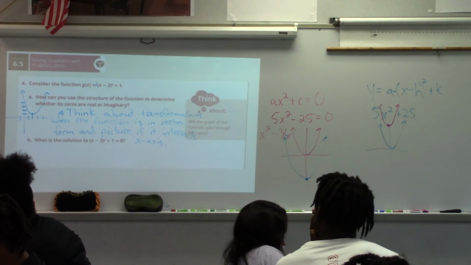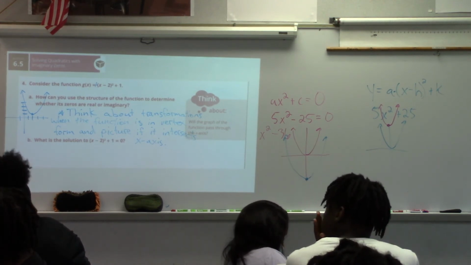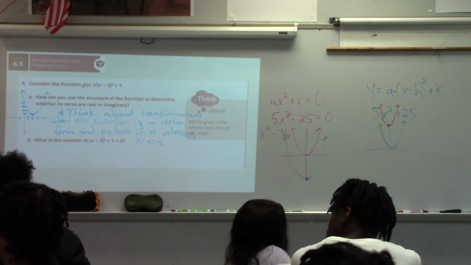Just picture if it intersects the x-axis. If it doesn't intersect the x-axis, those zeros are going to be imaginary.